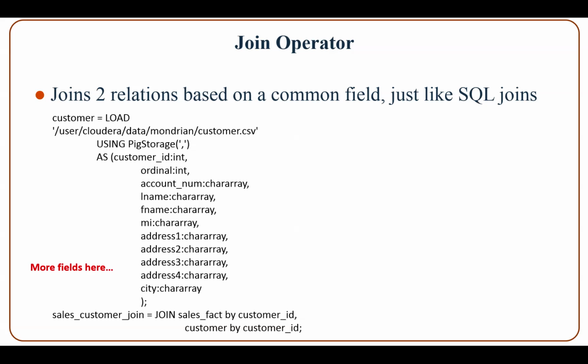The join operator joins two relations based on a common field, just like a SQL join. In this example, I use the load operator to load data from this CSV file, customer.csv, into a relation, namely customer. And then I use the join operator to join the two relations, sales fact and customer, by the common field, customer ID.